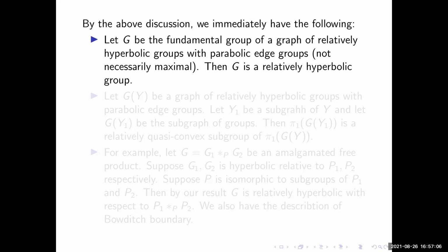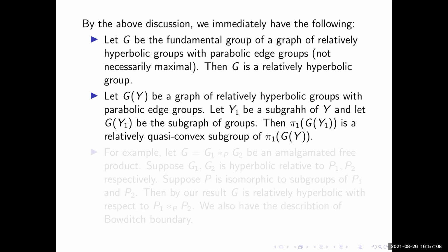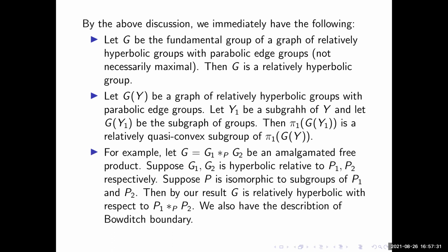As a simple application, let G be a graph of relatively hyperbolic groups with parabolic edge groups. Just take a subgraph of Y and consider the subgraph of groups. Then one can show that the fundamental group of G_Y1 is a relatively quasiconvex subgroup of the fundamental group of G_Y. Here is a sample example. You take the amalgamated free product of these two groups G1 and G2.